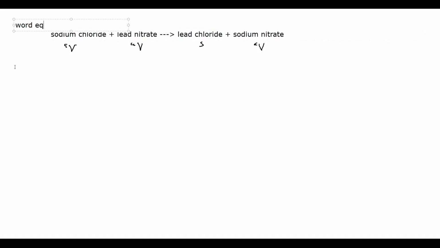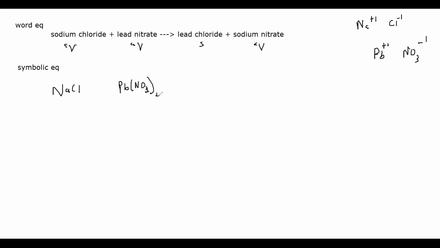If I want to write a symbolic equation, what will be the formula for sodium chloride? Sodium is +1, chlorine is -1, so NaCl is the formula for sodium chloride. Lead nitrate: lead valency is +2 and nitrate is -1, so the formula is Pb(NO3)2.